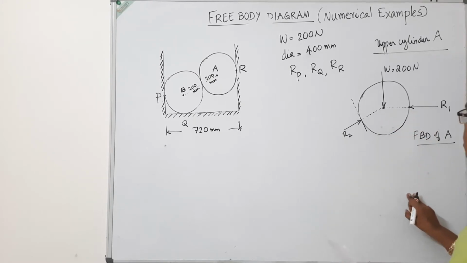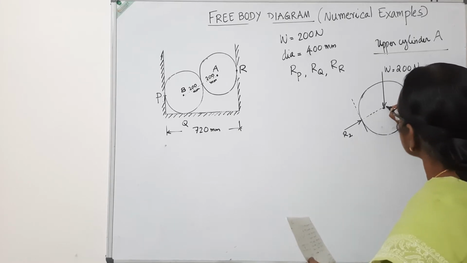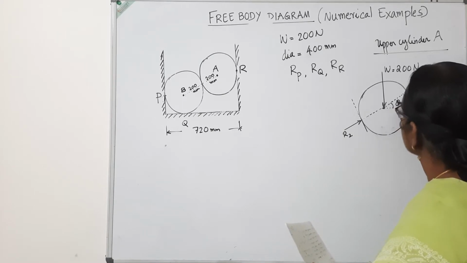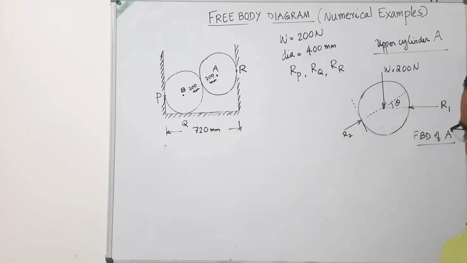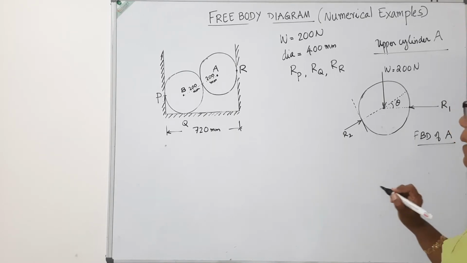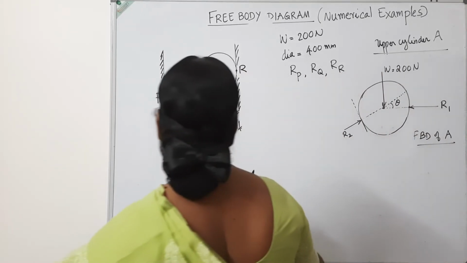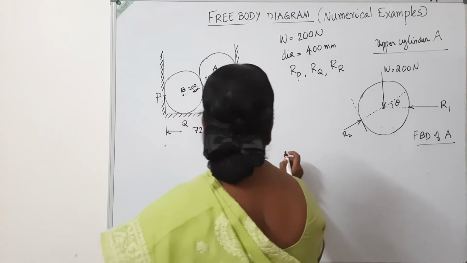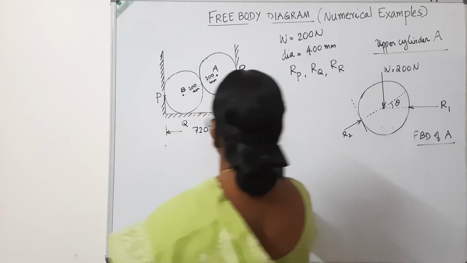Now, how to get this angle theta? If I produce this, how will you get this angle theta? Is there any way? Let us check this B. This total horizontal distance is 720.